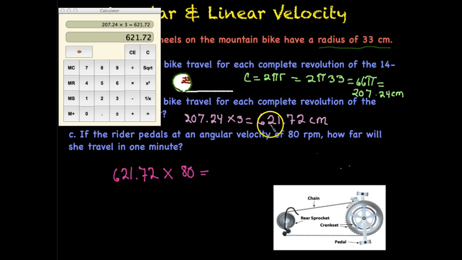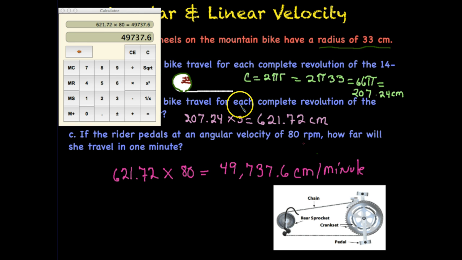So if she travels 622 centimeters for one revolution, and does 80, then we can just multiply that by 80 to determine that her distance is 9,737.6 centimeters per minute.